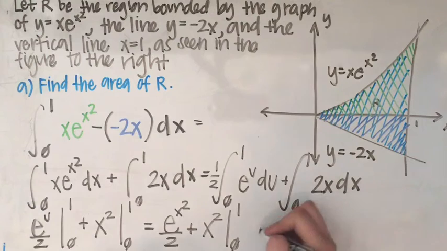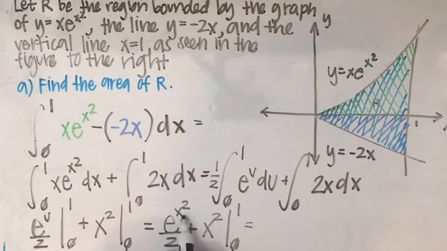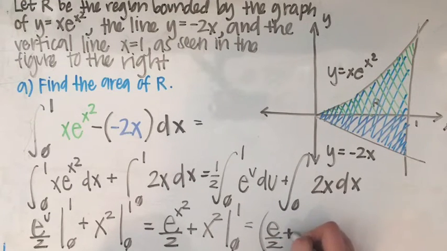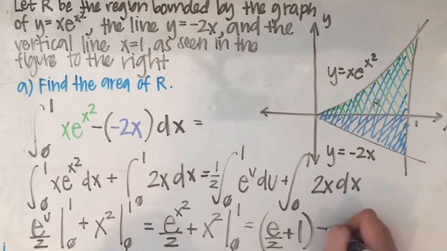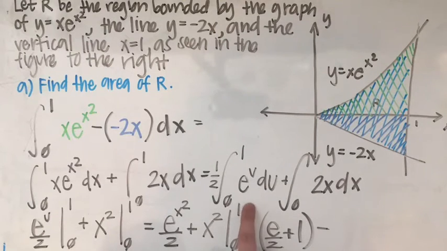which is going to give me e to the 1, which is just e, over 2 plus 1, right? Minus, because it's from 0 to 1, so I have to subtract at 0. e to the 0 is going to end up being 1, so it's going to be 1/2 plus 0.